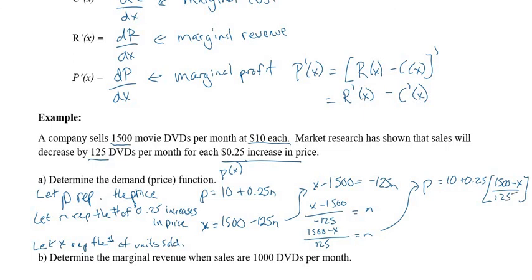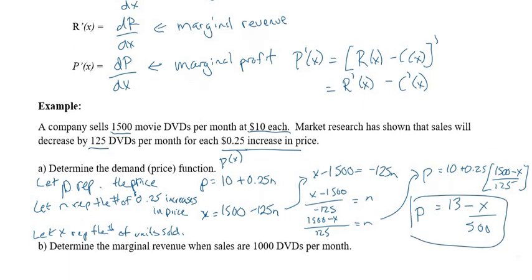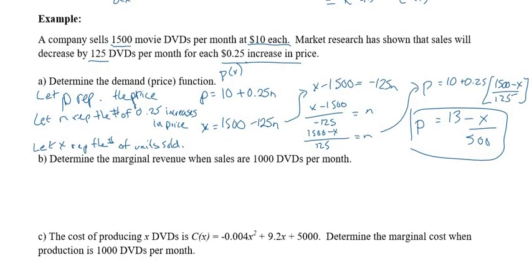And then we just simplify using algebra, and if you do it correctly, it should work out to 13 minus X over 500. So now we have an expression for our price in terms of the number of DVDs that we're selling.